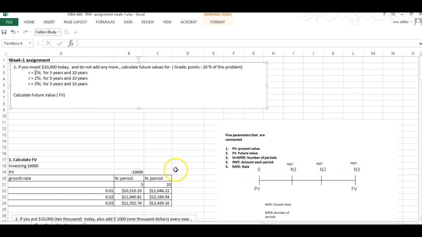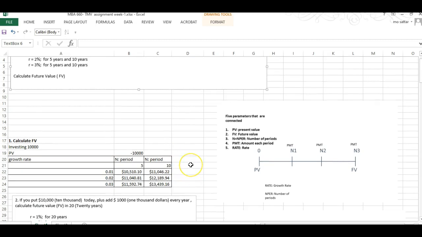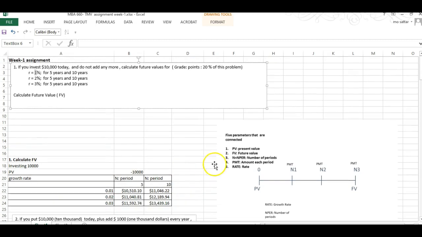So what we know is we are calculating the future value. We know the present value, which is $10,000. We know that the number of periods is going to be either 5 or 10, and we know the R is going to be 1, 2, or 3 in 3 different scenarios.